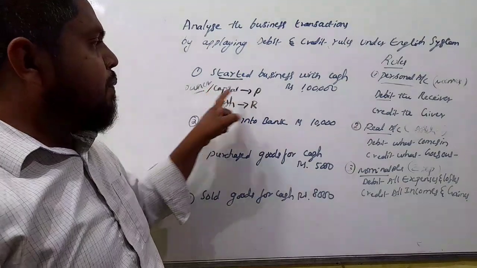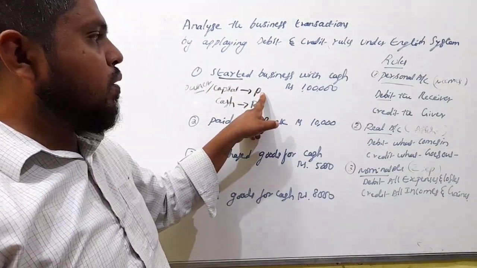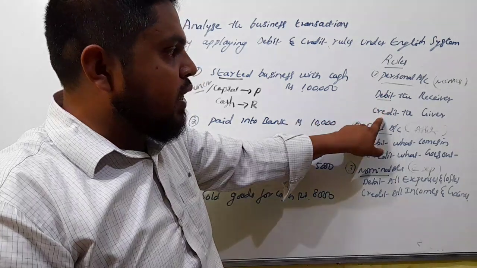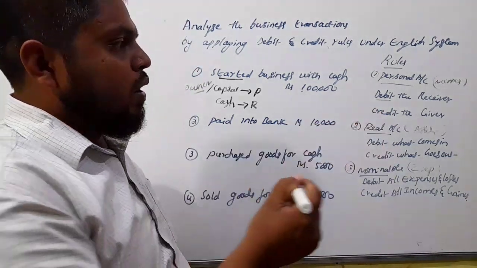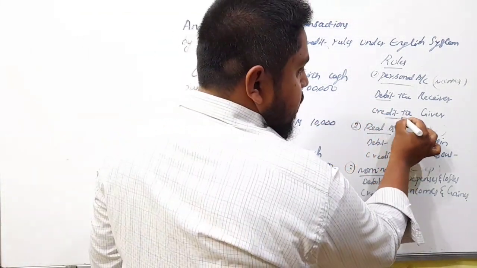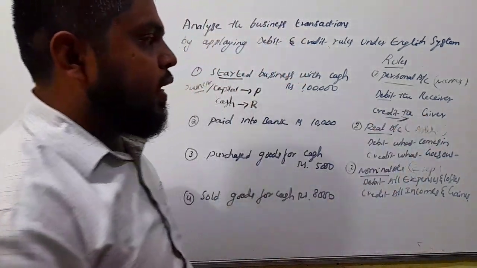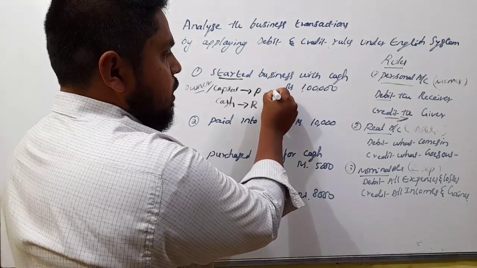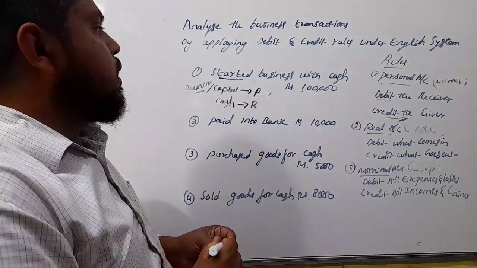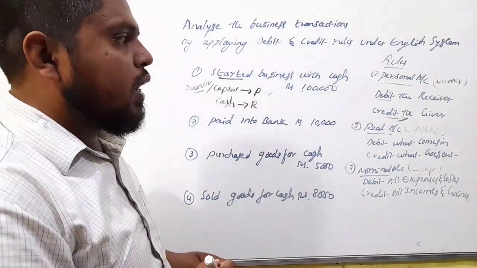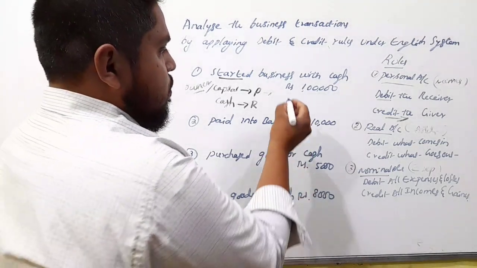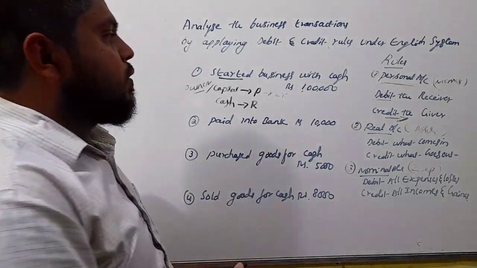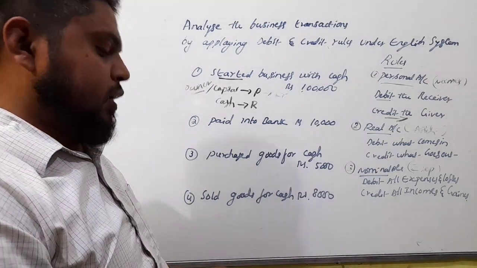Now, capital comes under a personal account. Personal account rules: debit the receiver, credit the giver. The owner is the giver here, so this is the credit side.